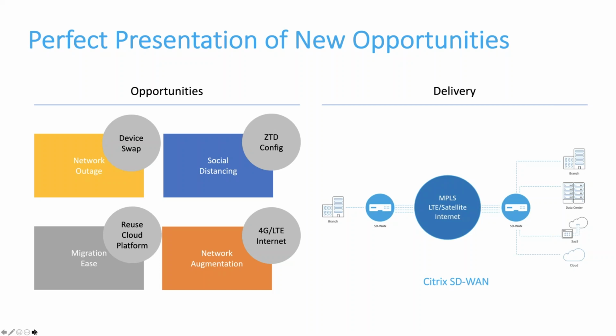With a lot of branches with no staff, there's a great opportunity to send network techs on site to do device swaps when changing out to SD-WAN. And hopefully we don't see, any time in the near future, an event like this where there's the opportunity to undertake a lot of work that's so reliant on network outage.